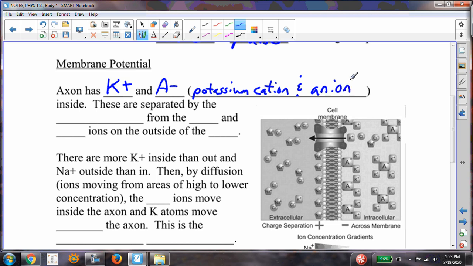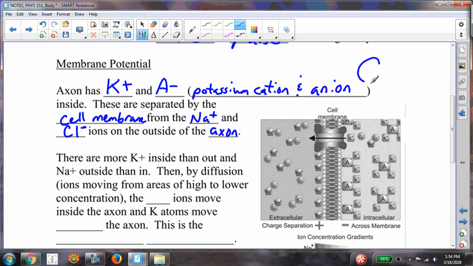So the axon has these potassium cations and these anions on the inside of it. And these are separated by the cell membrane from the sodium ions, cations, and chlorine anions on the outside of the axon.